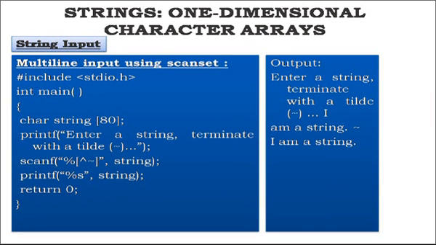The next one is a multi-line input using scanset. One can use a bracketed string read, that is percentage within square brackets, where the square brackets are used to enclose all characters which are permissible in the input. If any character other than those listed within the brackets occurs in the input string, further reading is terminated.